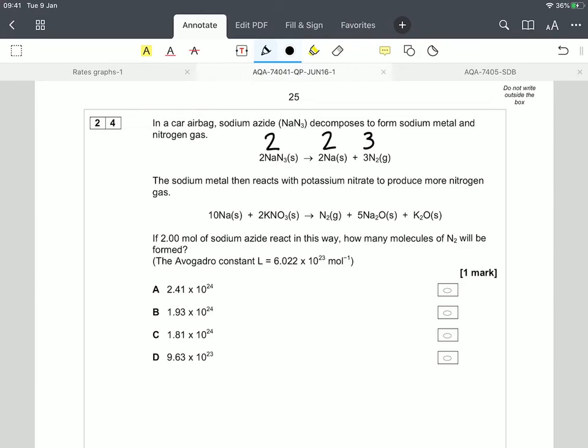You're then told that the sodium metal then reacts with potassium nitrate to produce more nitrogen gas. Okay? So there isn't just 3 moles of N2. That's part of it. There must be some more N2 from this reaction. And that's the bit that's sometimes hard for people to pick up on. We said that we had 2 moles of sodium. So I'm going to write 2 over there because that's the actual number of moles we've got.